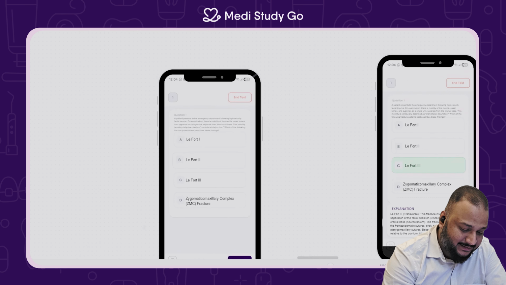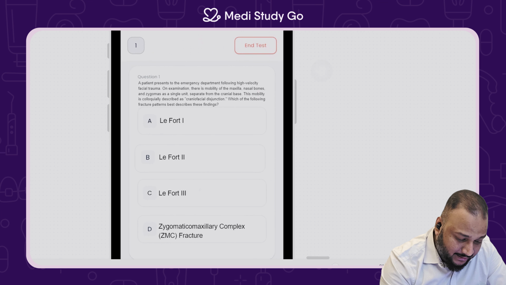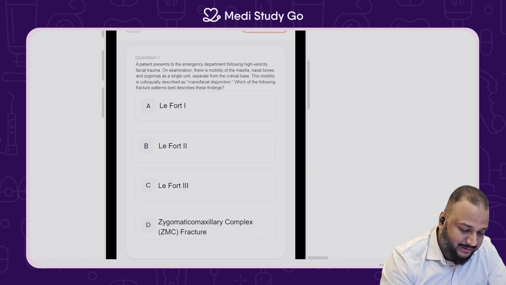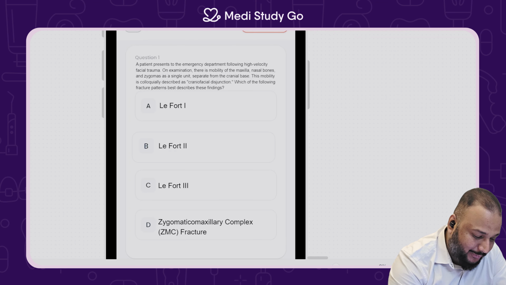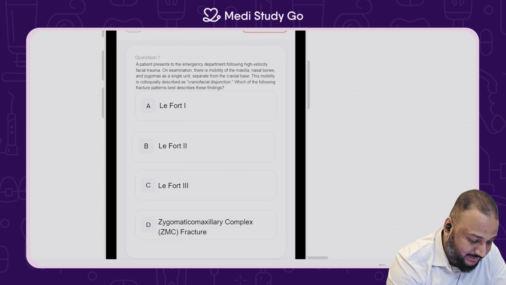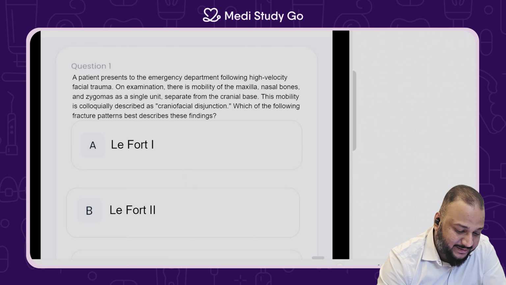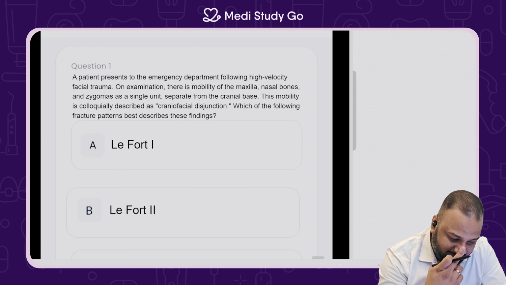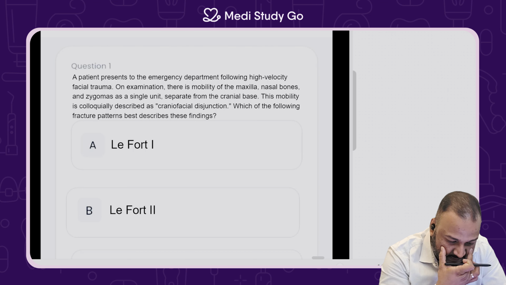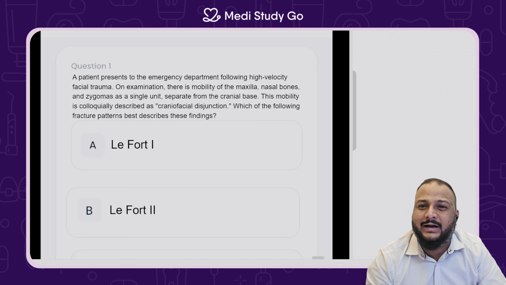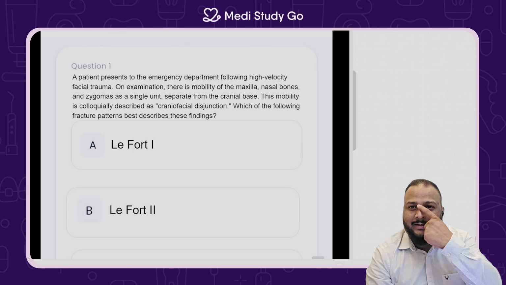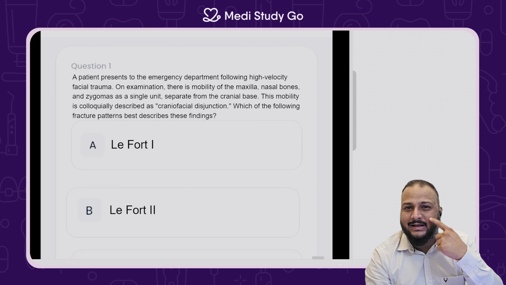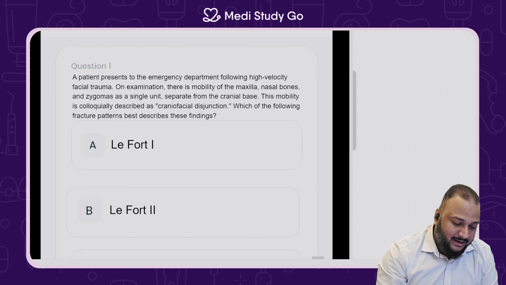And the last and final question is: a patient presents to the emergency following a high velocity facial trauma. On examination, there is mobility of the maxilla, the nasal bones, and the zygoma as a single unit separate from the cranial base. That is your cue: mobility of nose, zygoma, maxilla from the cranial base.